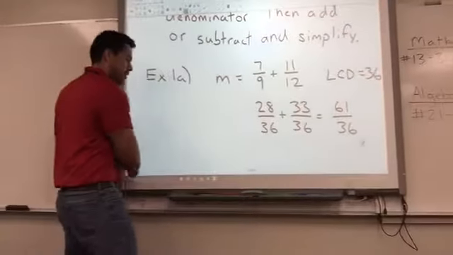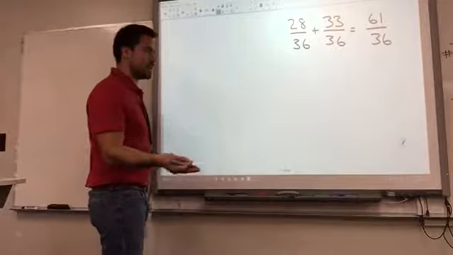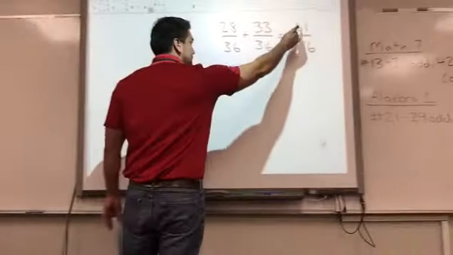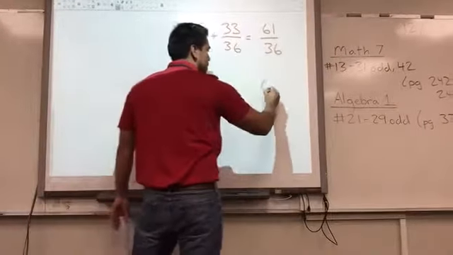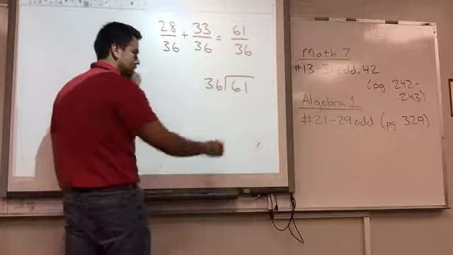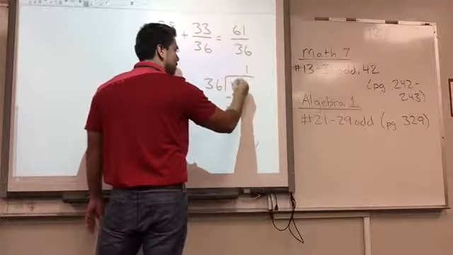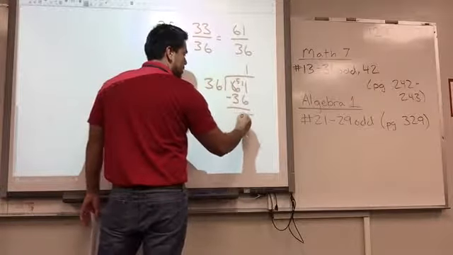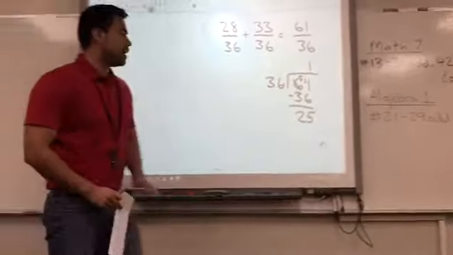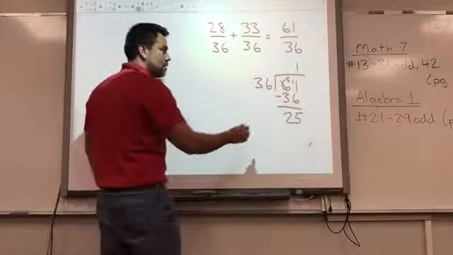And this is the reason why I bring it up as division, because if you're like, I don't even know what to do, it's 61 divided by 36. How many times does 36 go into 61? So you have your 36 here, and you subtract after borrowing. So I get 25. Now, don't go into the decimal range, but this is your mixed number now.